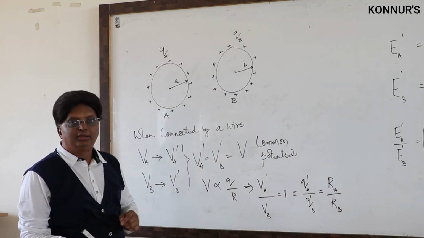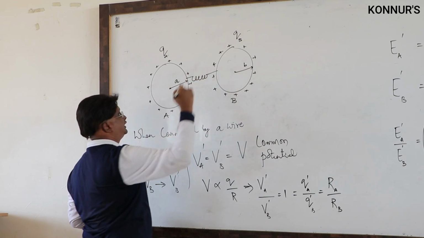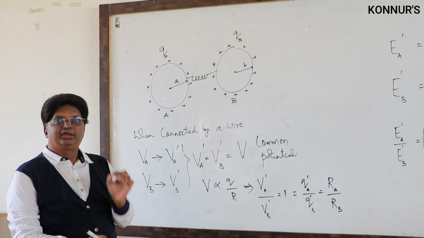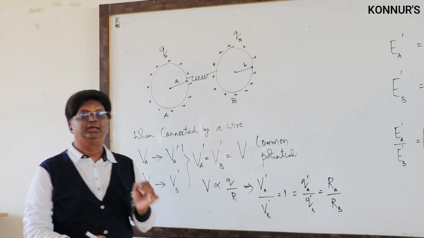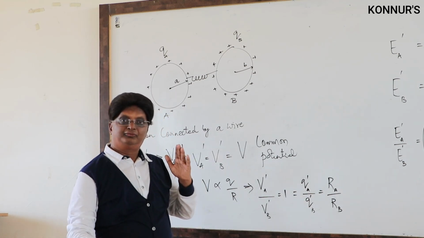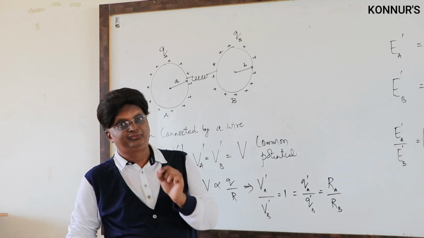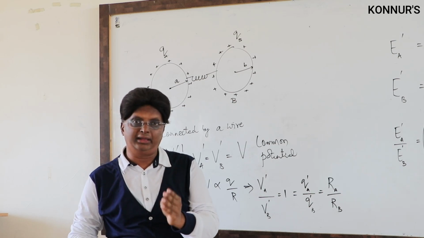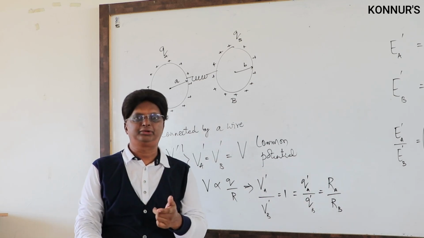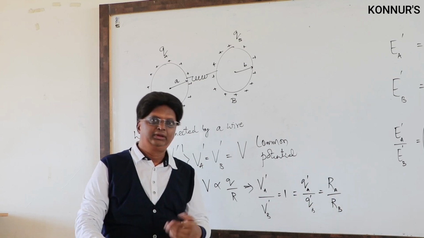Now the question is, supposing they are connected by a conducting wire, what will be the ratio of their final intensities? That is after connecting by a wire. After this, we'll improvise the example and show two to three different types of examples.